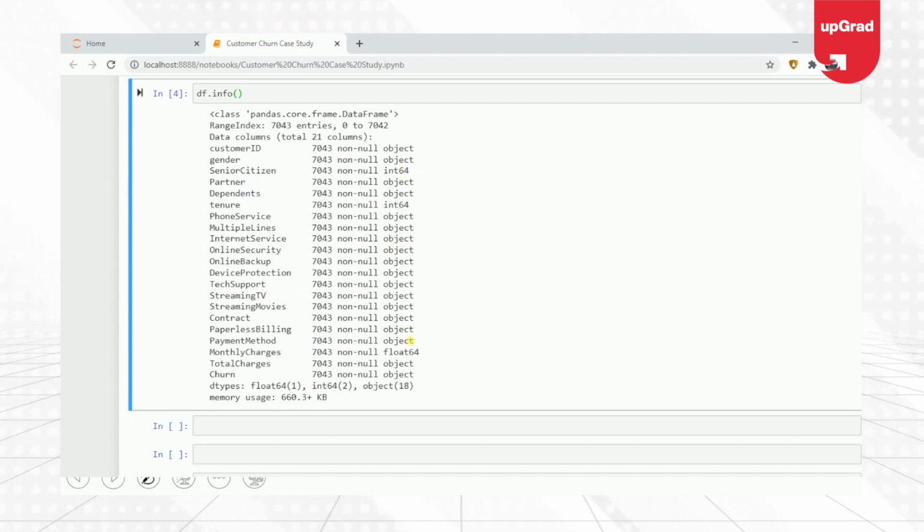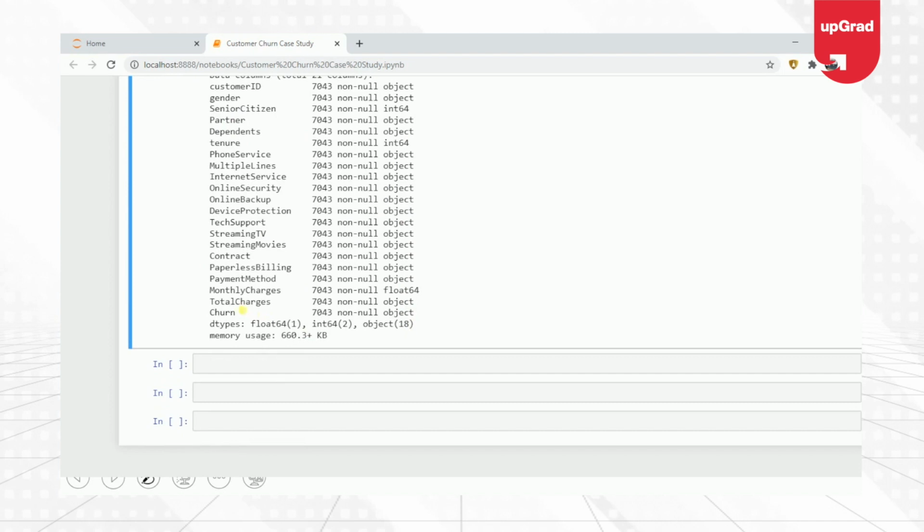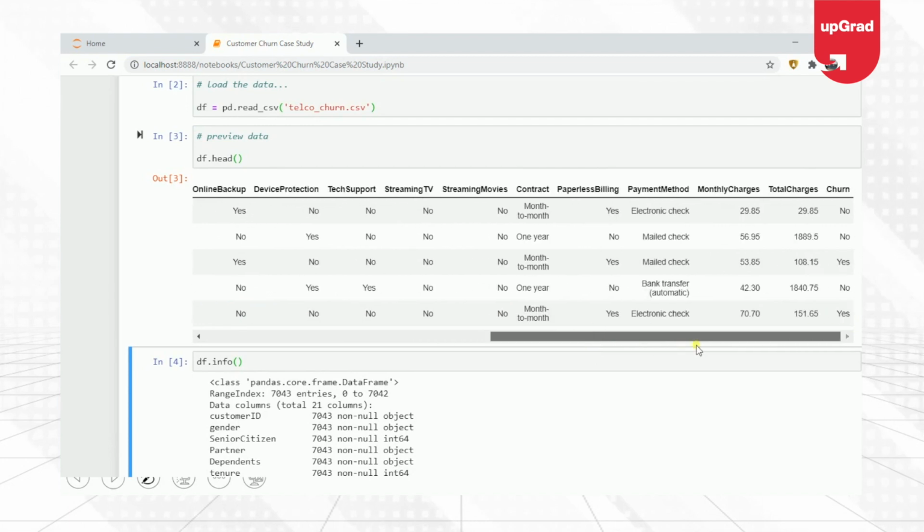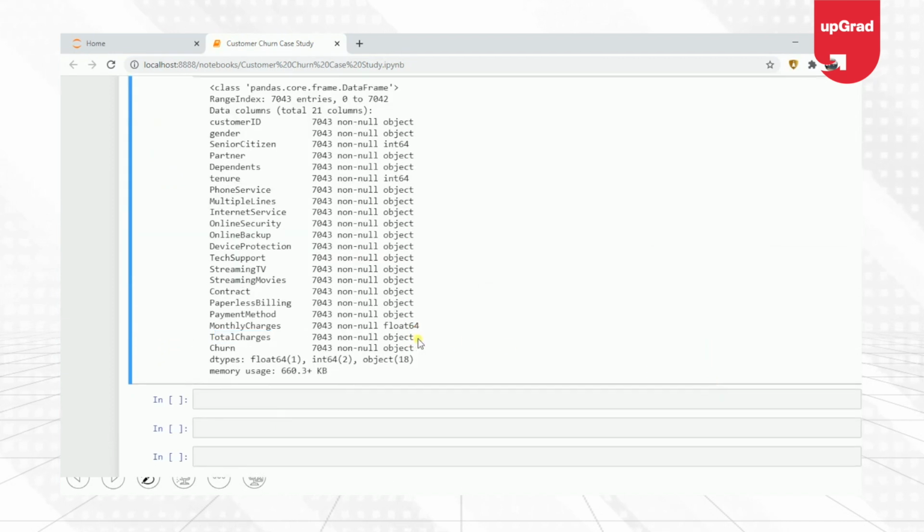There is one thing we are supposed to observe here, which is total charges. Total charges is a numeric column, but when we look at its type, it says object.